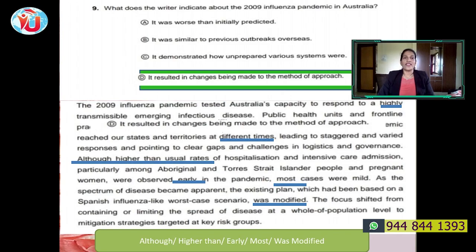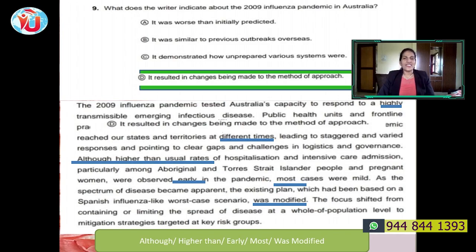Most cases, you see, there is a quantifier used here. Most cases were mild. As the spectrum of the disease became apparent, the existing plan, which had been based on a Spanish influenza-like worst-case scenario, was modified.